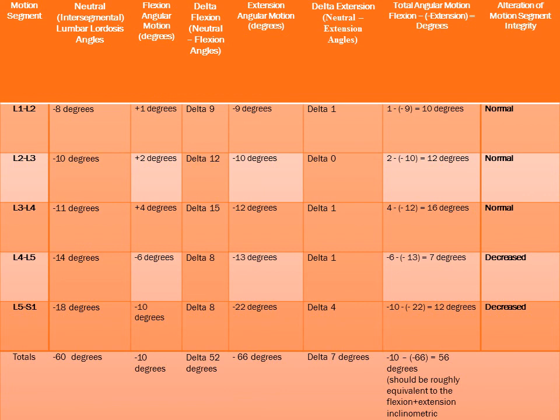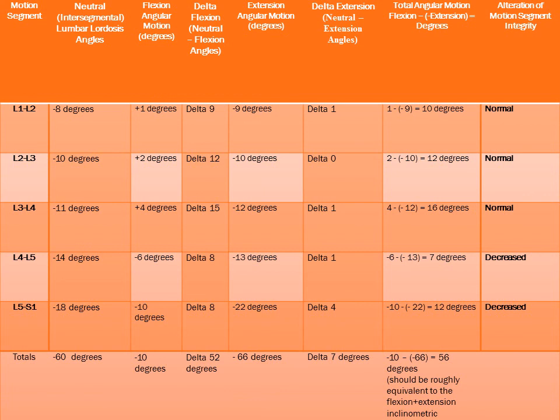Now, before I go on, even though I considered the angular motion of L1, L2 to be normal at 10 degrees, if you look at our analysis across the top of this table, remember that in moving from the neutral lumbar lordosis angle to the full extension angle, there was only a movement of 1 degree going from neutral to full extension.